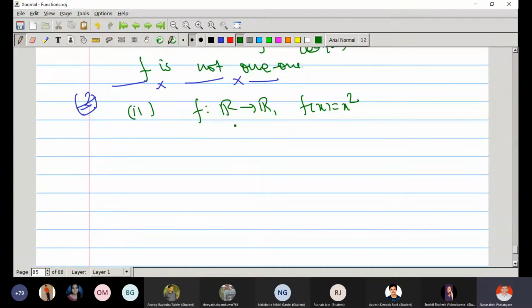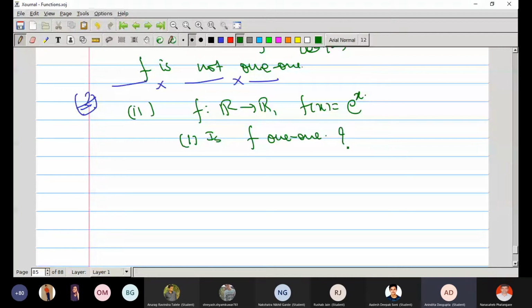Is f 1-1? Is this function 1-1? Yes, sir. Because the exponential function is like this, and clearly it is 1-1 because distinct points have distinct images. So this function is 1-1. So 1-1 is not an issue.